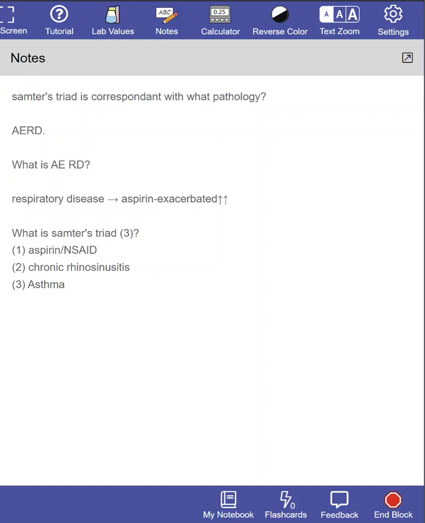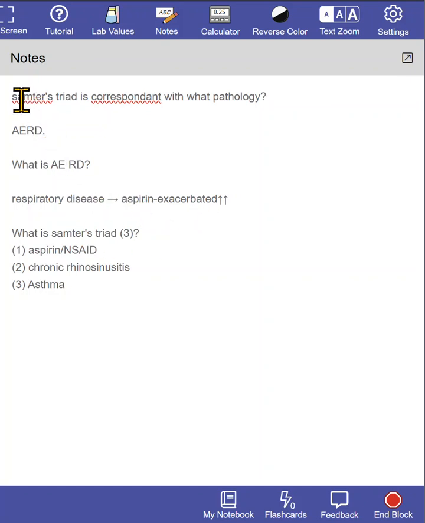So what pathology does this symptom triad represent? I think it's AERD. AERD is aspirin-exacerbated respiratory disease, if I'm not wrong. So will you see aspirin in the question? Yes.